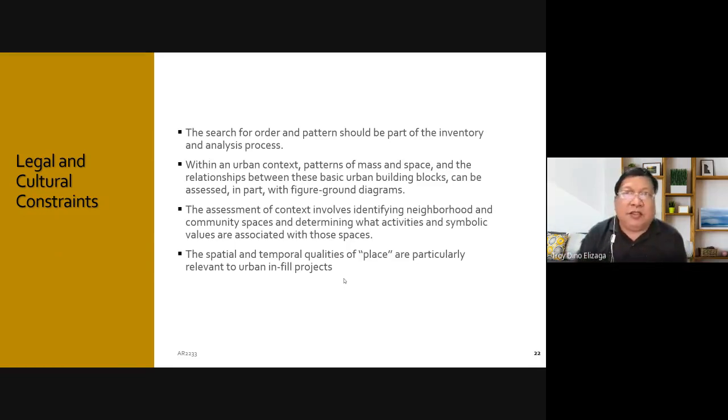From that, we can see how much open space we have, whether the area is already very dense. And also, we can have an idea of, for example, wind flow, how the wind would probably flow around all of these buildings.